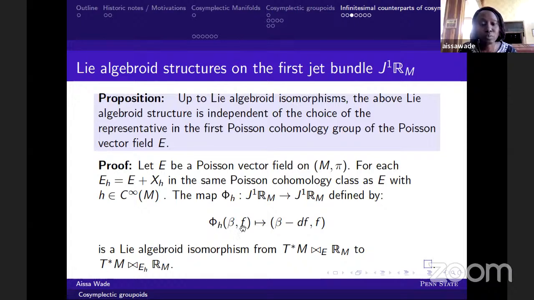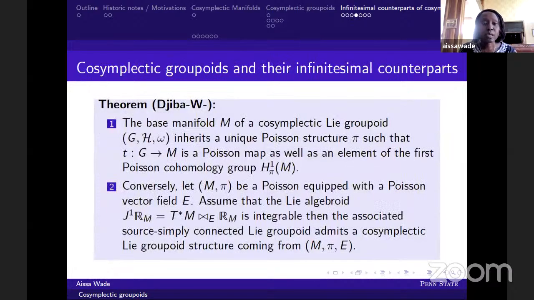So the isomorphism is defined this way. It will send this algebroid to the one corresponding to H.